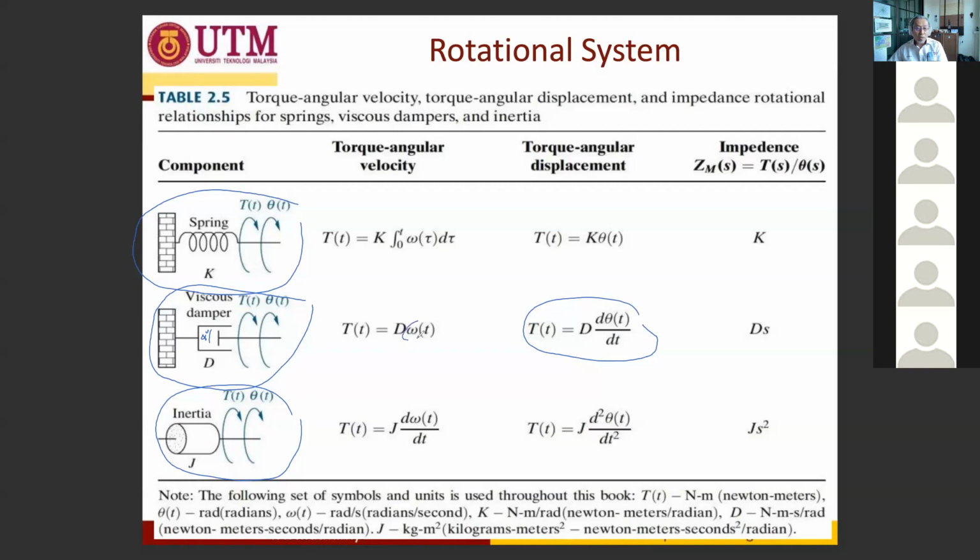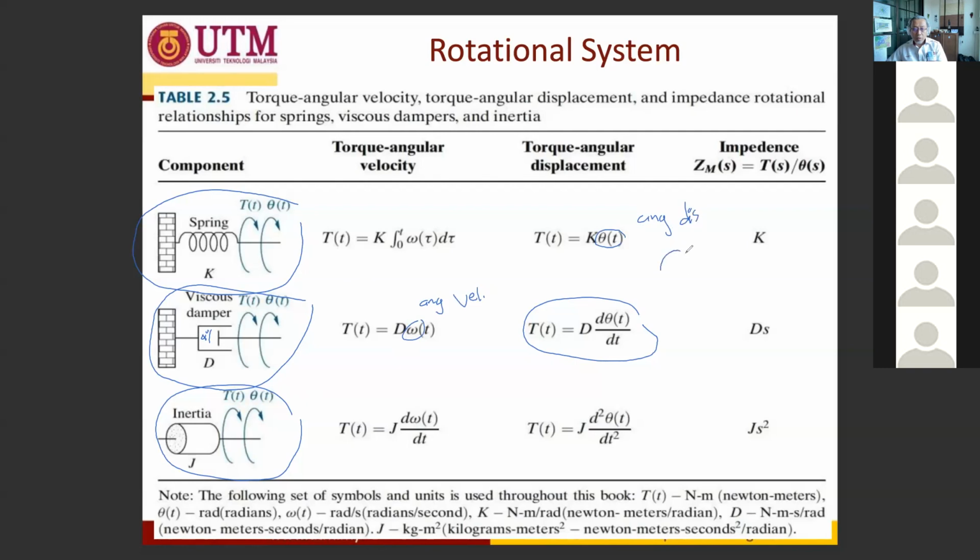Omega is the angular velocity, while theta is the angular displacement. Kan?